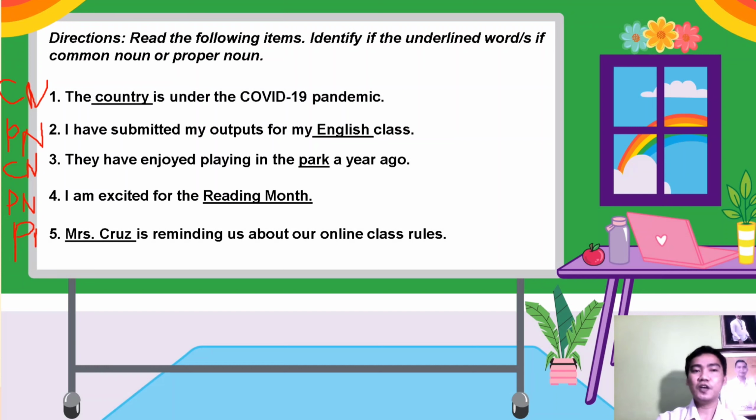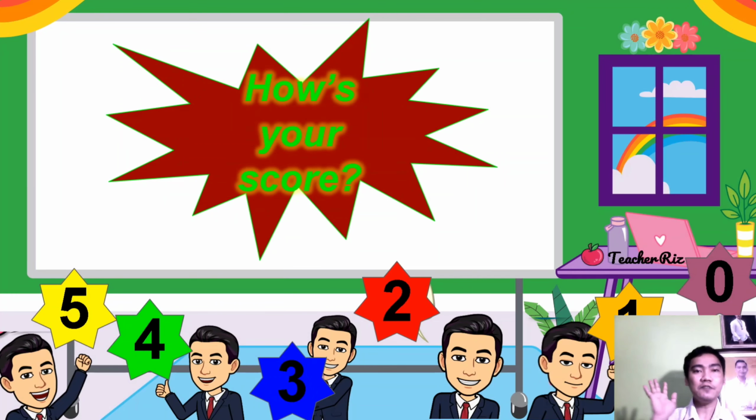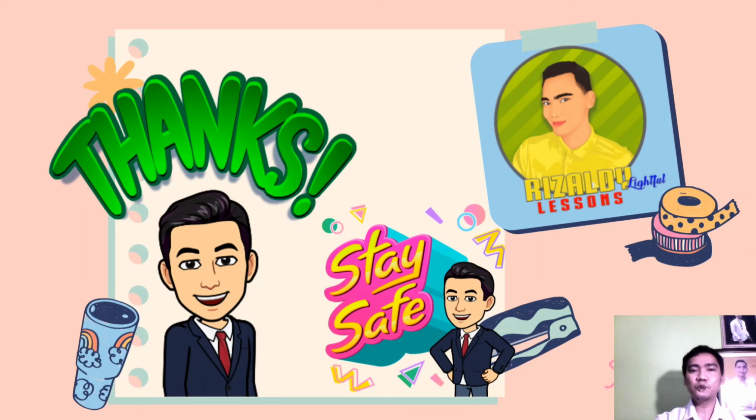Okay, so let me see who got 5, 4, 3, 2, 1. What about 0? Okay, so congratulations. That is all about our common noun and proper noun, and it's all about nouns.